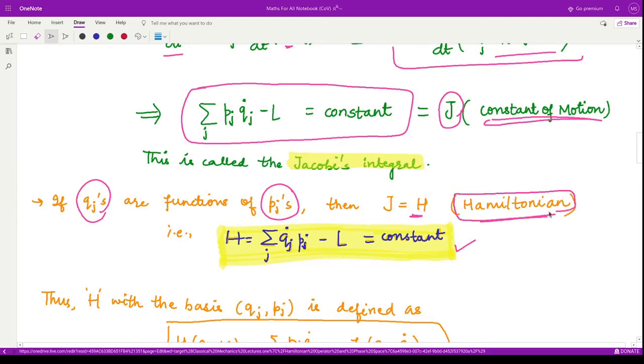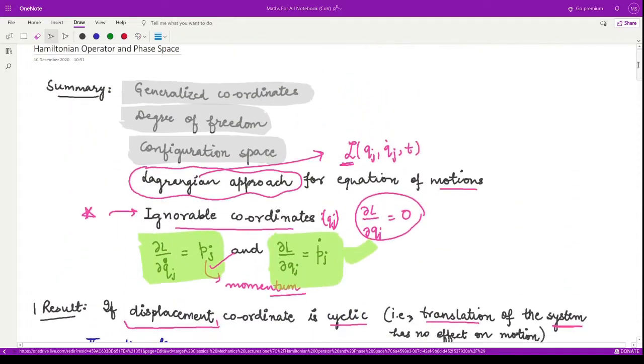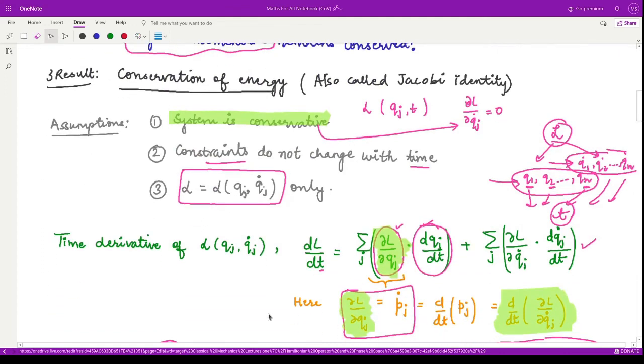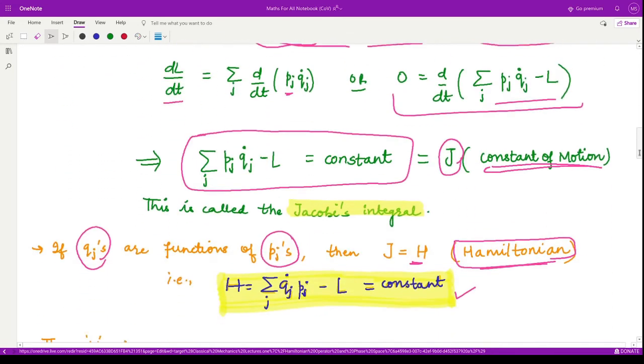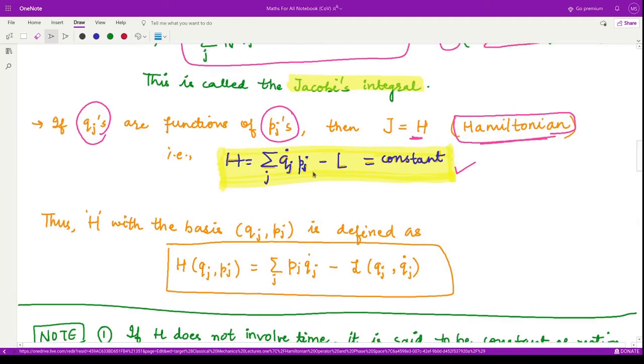One should remember what a Hamiltonian is, and also the assumptions we made during deriving this identity. We have assumed that our system is conservative, constraints do not involve time, and the Lagrangian is a function of Qj and Qj dot only. So this is our Hamiltonian.